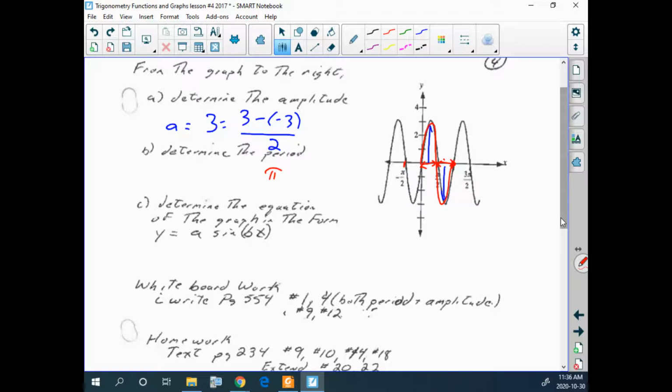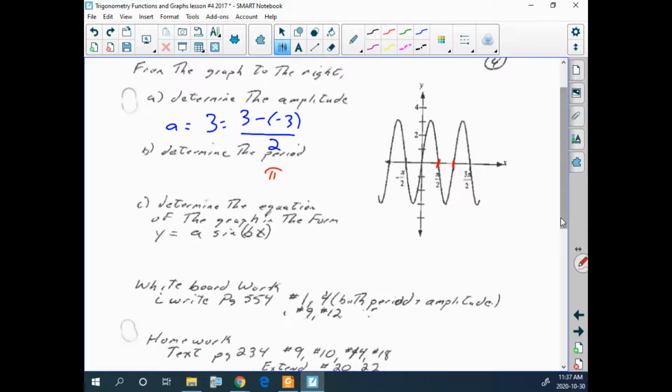Now, I don't know if there's a grid on yours or not. But you can also see, once I erase things, this is pi over 2, so if I double that, I'm going to be at pi. So it takes me pi units to repeat.